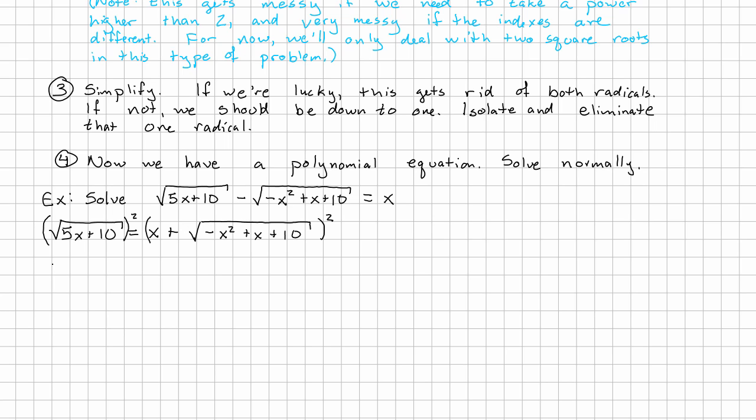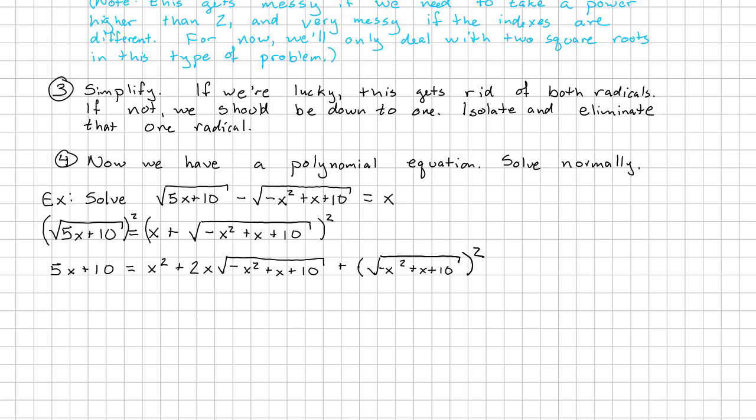On the left, I'll just have 5x plus 10. On the right, I'll have x squared plus 2 times x times that second term, the square root of negative x squared plus x plus 10, plus that second term squared.